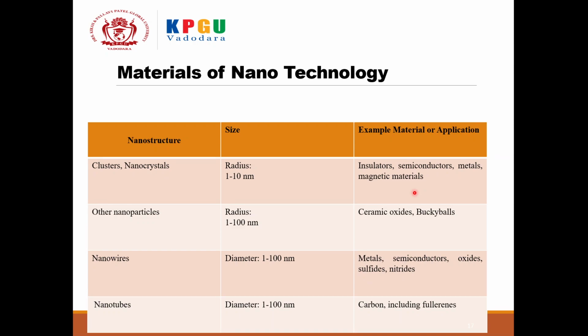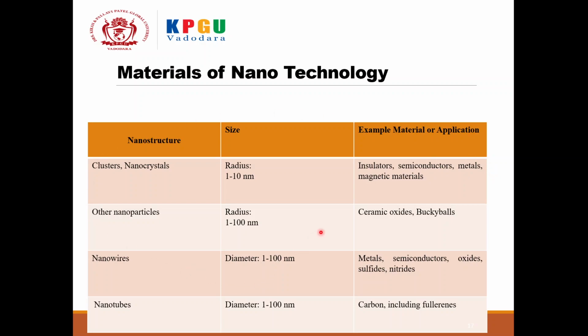Now actually it is not a system or process or some new technology, but there are nanomaterials which we can use in our conventional technology so that the process output will be more efficient and speedy. So nanostructure examples like clusters and nanocrystals. So examples of application are insulator, semiconductor, metal, magnetic material.